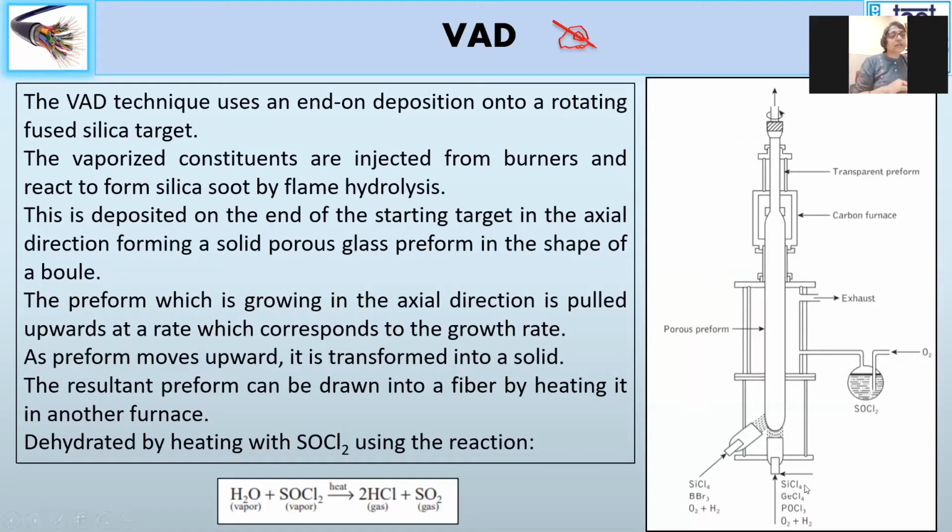So this is the setup. The starting point is a seed, a crystal seed where the deposition will take place. In this, you have two burners.